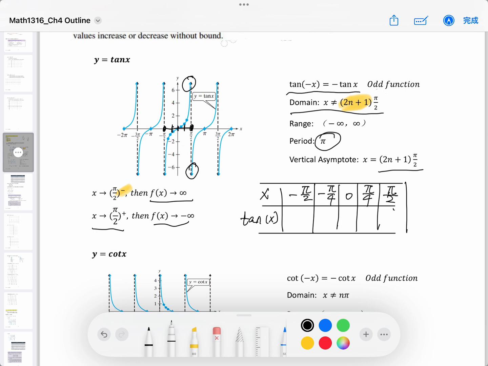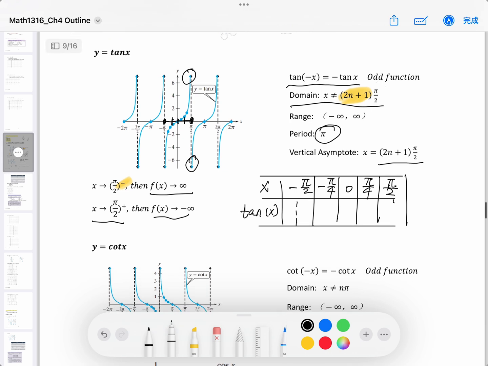For the y values, negative half pi and half pi are vertical asymptotes. For negative pi over 4, tangent's value is negative 1. For 0, tangent 0 is 0. Tangent pi over 4 is 1. So let's memorize this table.